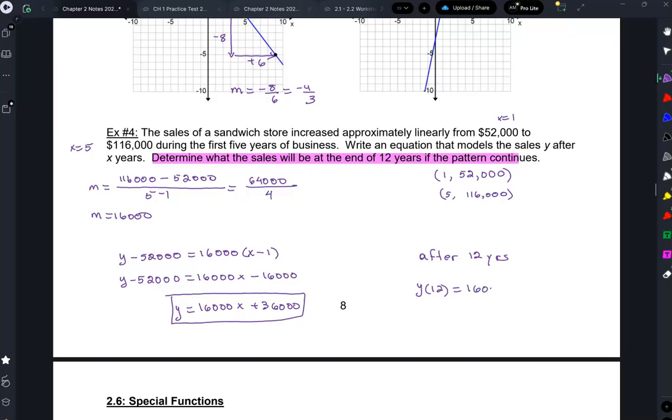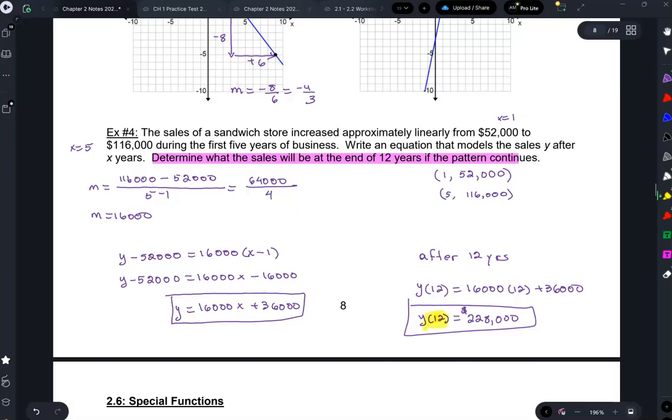And that's 16,000 times 12. This you would put in your calculator. And we would get y of 12 would be $228,000. All right? So I really am stressing this notation as well. Okay, y of 12. So it's y when x is 12. Because there's only one x, and that's here. You only plug it in where the x's are.